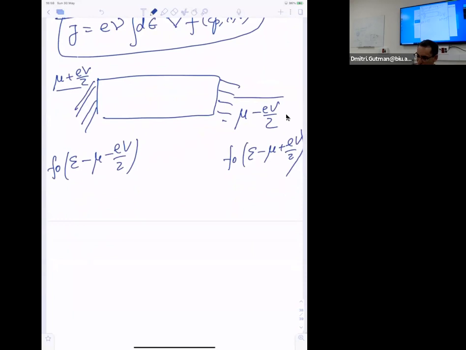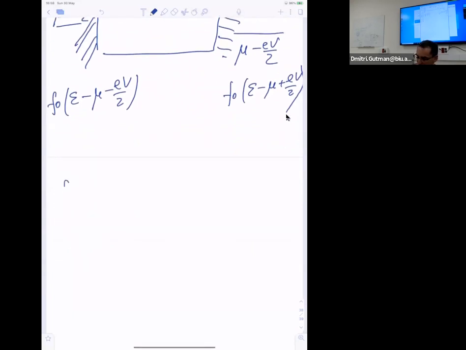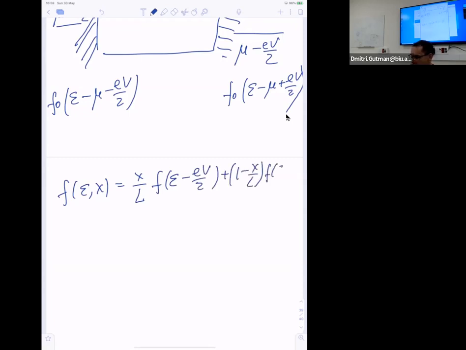So we need to write a linear function that interpolates between these 2 points, and it looks like x over L f of epsilon minus EV over 2 plus 1 minus x over L f of epsilon plus EV over 2. And this is the equilibrium function.